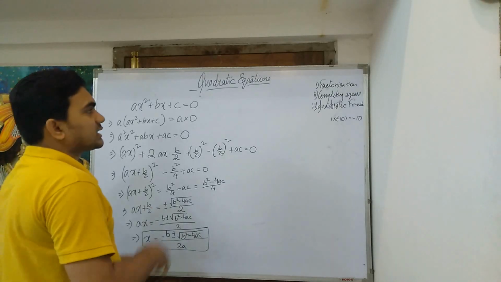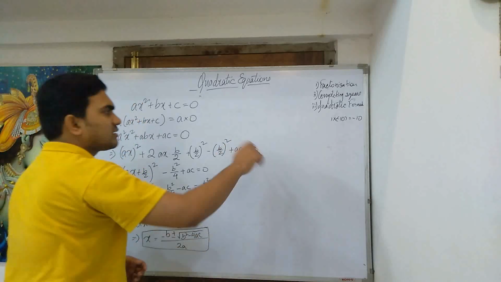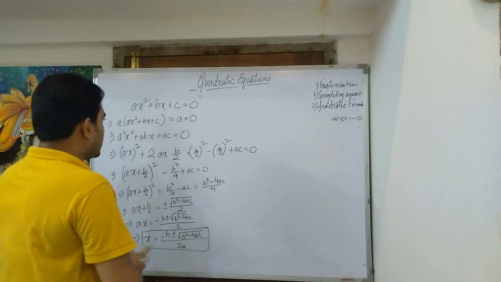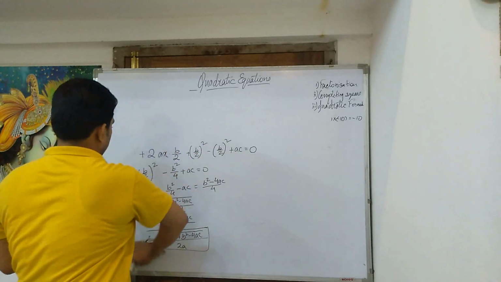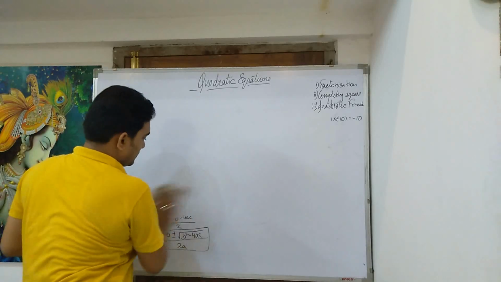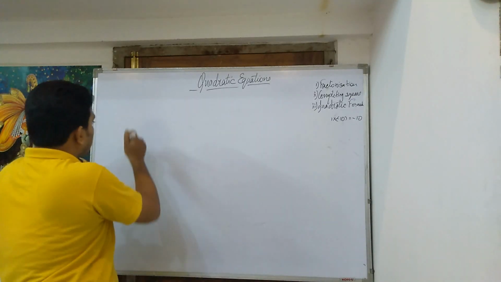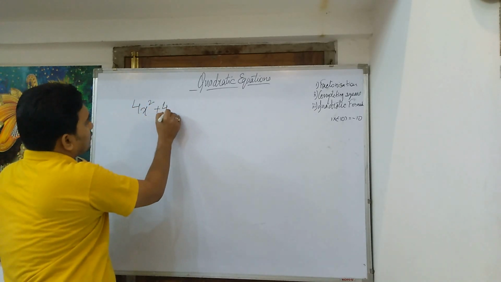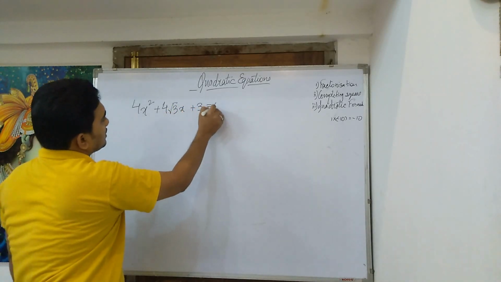So now let us take an example where we will use this completing square method, and then subsequently we will move towards the quadratic formula. So let us take a very simple example: x square plus 4 root 3 x plus 3 equals to 0.